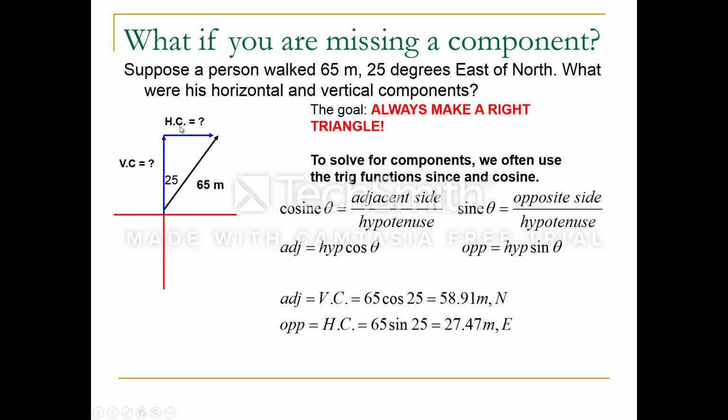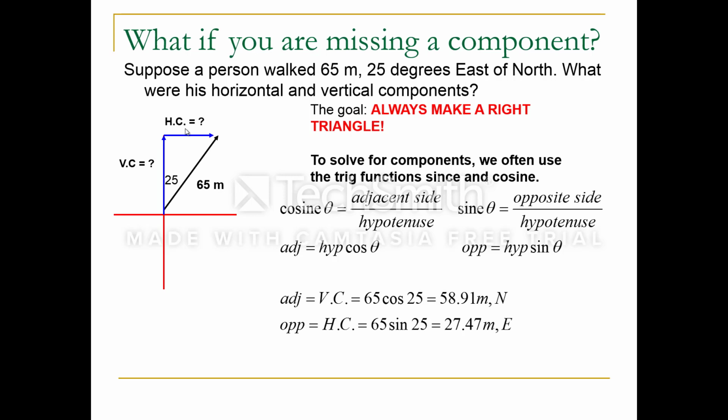When I look at my picture, it says I'm east of north, so this is my angle right here where I put the 25. So when I do the adjacent side of my triangle, that's now the vertical component. The opposite side of my angle is the horizontal component. So yes, normally cosine is x, but it's not always going to be that way.